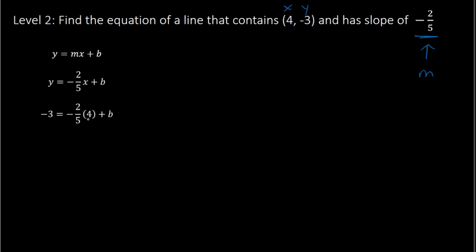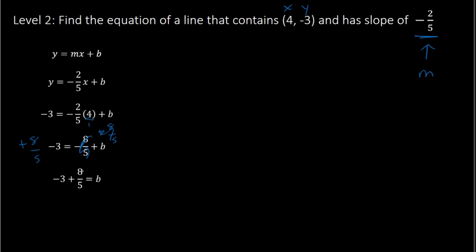-2/5 times 4, or times 4 over 1, would give me -8 over 5. So now, to solve for b, we can simply add 8 over 5 to both sides. When I add 8 over 5 on the right side, this will cancel out. Then I add 8 over 5 on the left side. So I have -3 plus 8 over 5.